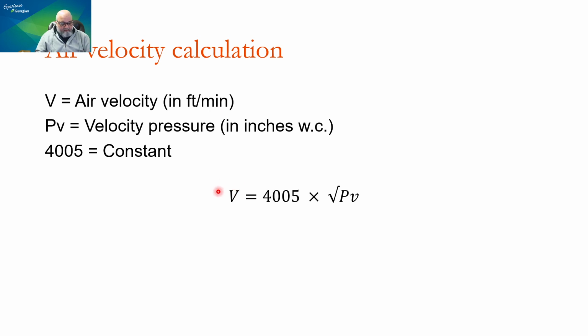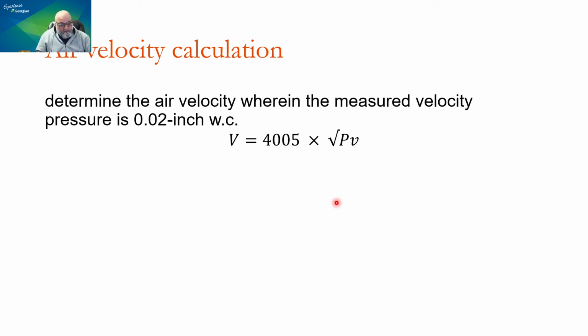Here's an example. We're going to apply this formula where V is the air velocity in feet per minute, this is a constant, and this is the square root of the velocity pressure. So let's take an example. Determine the air velocity where the measured velocity pressure is 0.02 inches water column.